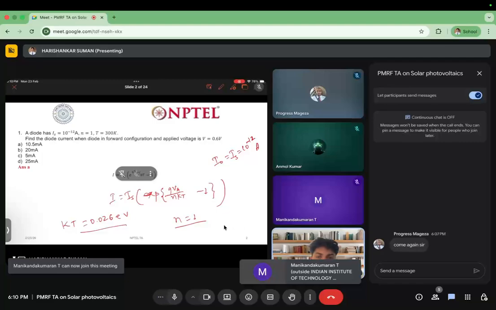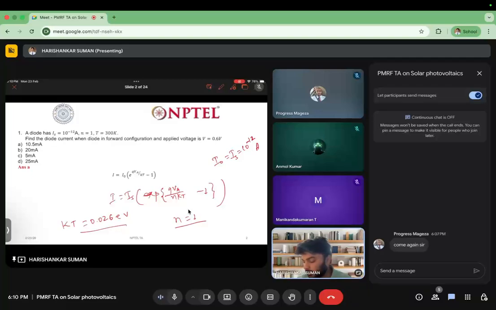So put these values and please solve. Are you getting the first option, yes or not? Please let me know.